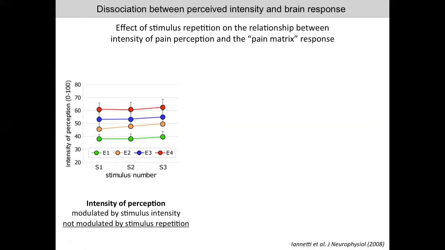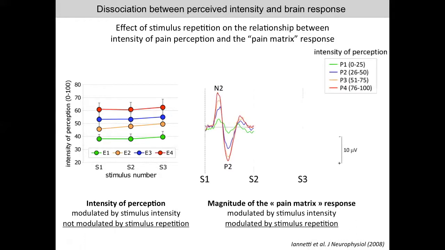However, when you look at the brain response elicited by the 3 stimuli, the one elicited by the first stimulus is beautifully graded with intensity of perception, is that correlation. And here is key. The brain response caused by the second and by the third stimuli, which are as painful as the first one, they are very much smaller. And these responses lose the ability to predict your perceptual state.